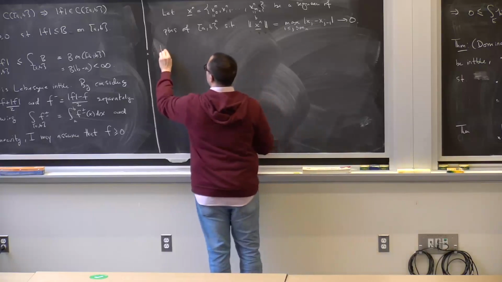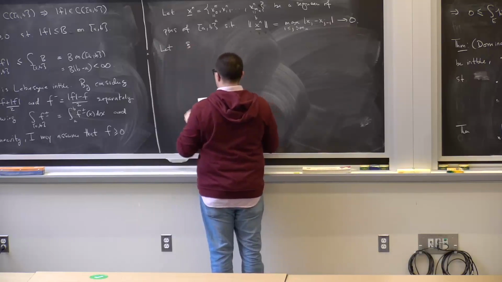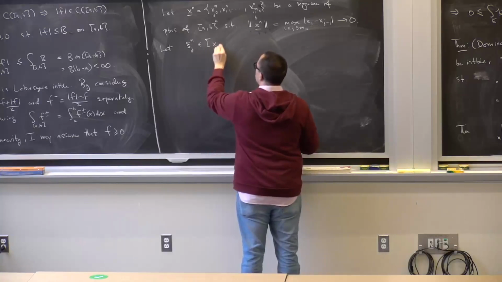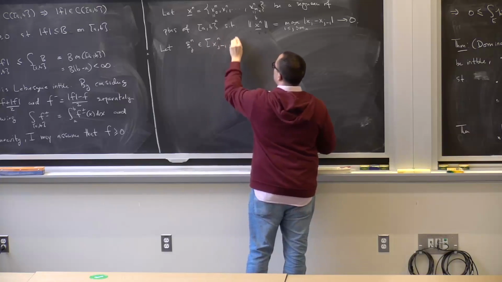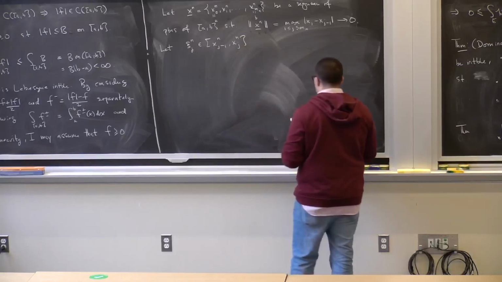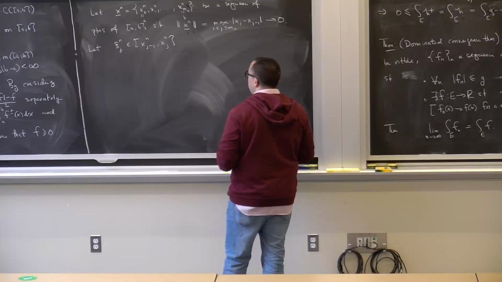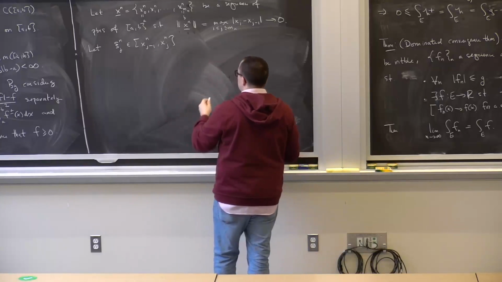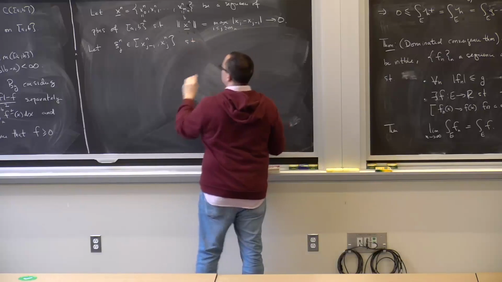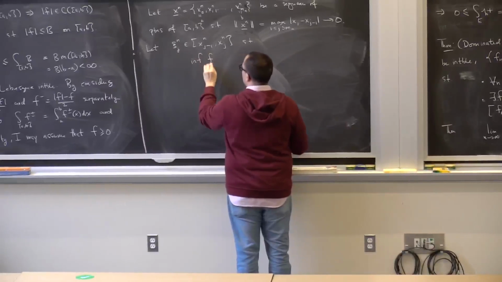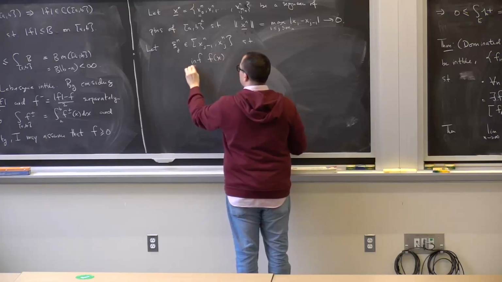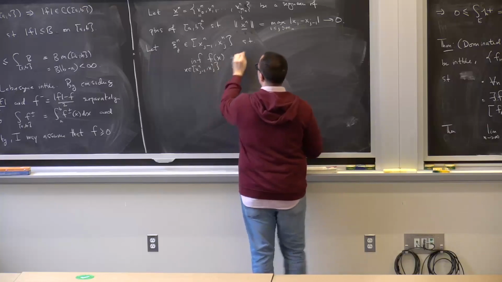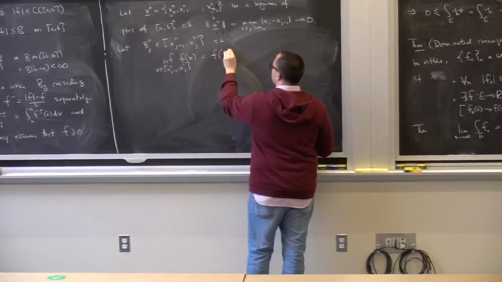So let the subinterval be one of the subpartitions. So f is a non-negative continuous function on this interval, so it has a minimum that it achieves at some point, equals f of c_j^n.